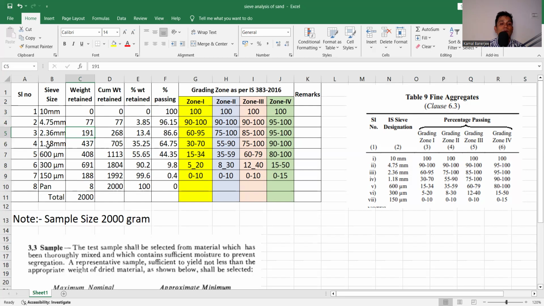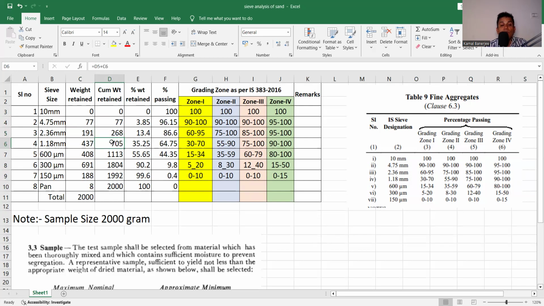If I say how much weight is retained on 1.18 mm, that is 437 gram. The total is 2000 gram, as we have taken 2000 gram. Now the cumulative weight retained. On 10 mm it is 0. On 4.75 mm, 77 plus 0, that will be 77. On 2.36 mm, that will be 191 plus 77, so cumulative will be 0, 77, 191, that will be 268.